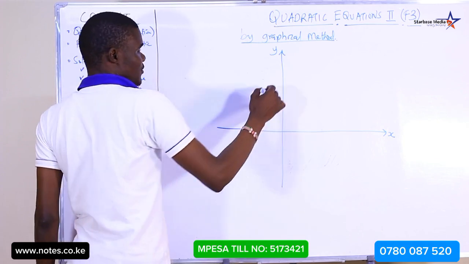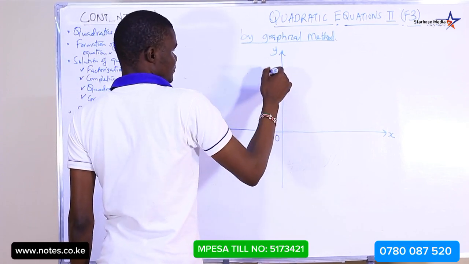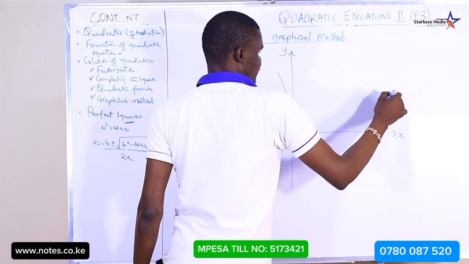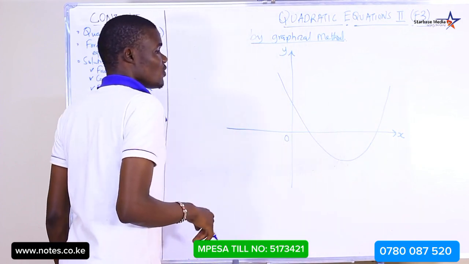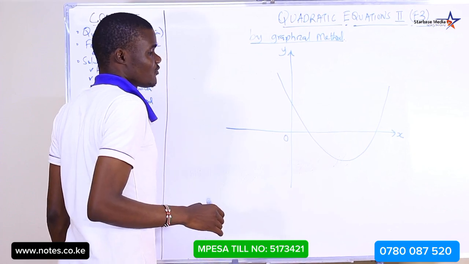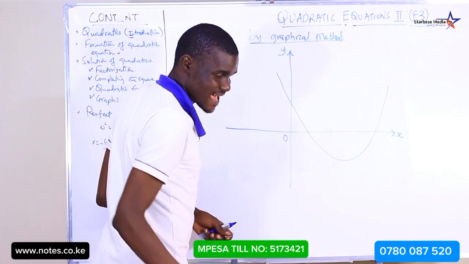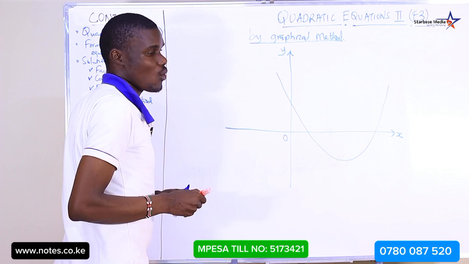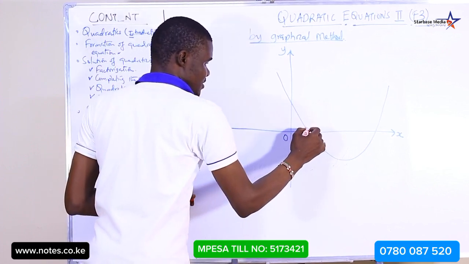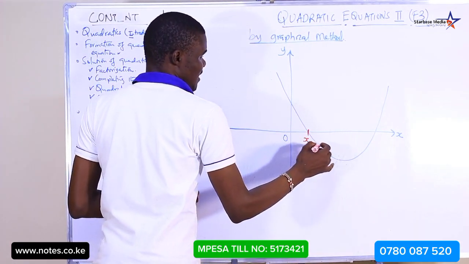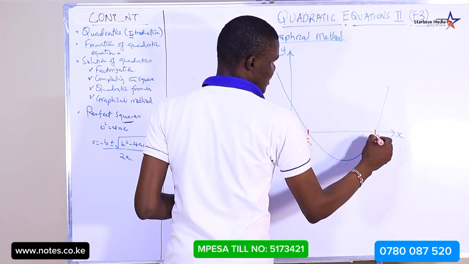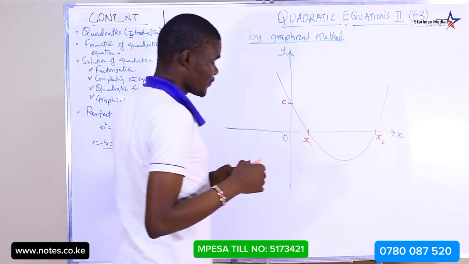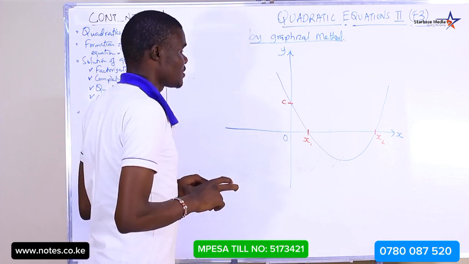Once you plot and draw your graph, it is important to know that the solution for that particular graph is where the graph cuts the x-axis. So it is this point. So this will give you the first x, this will give you the second x. And this one here is the c, meaning it is the y-intercept. It is the what? The y-intercept.